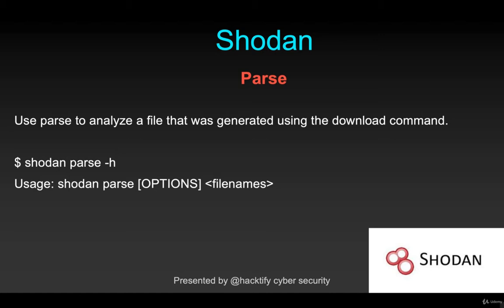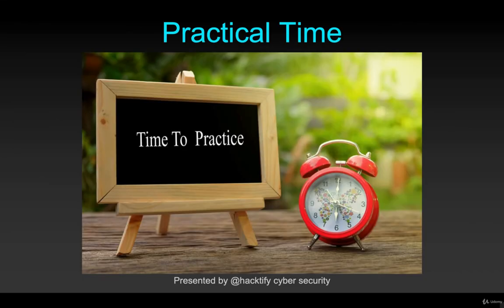After it was downloaded in zipped format, we unzipped it and tried to read that file using a JSON beautifier. You can also use Shodan's inbuilt parse, which will be very helpful to make it more readable. So it is practical time, and let's see how we can use both the commands.